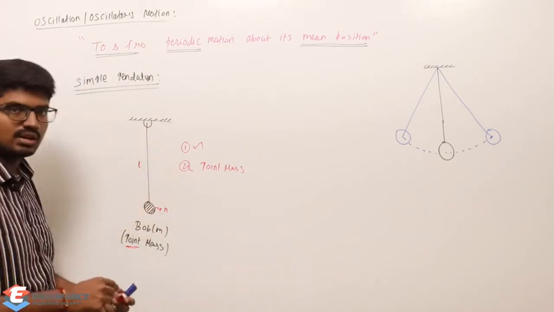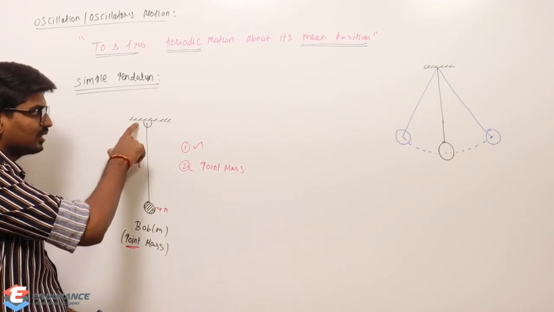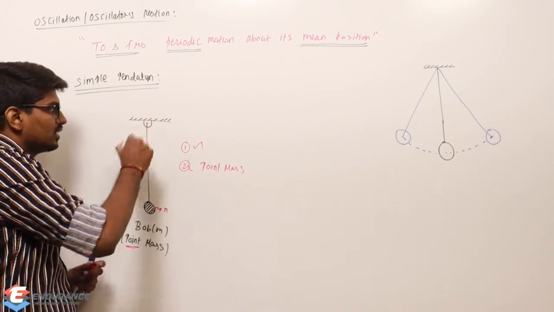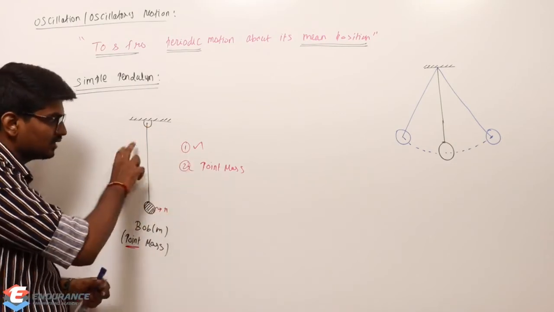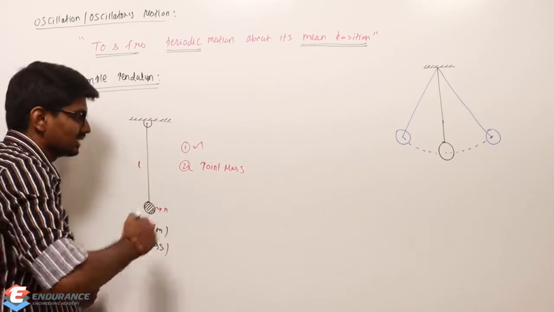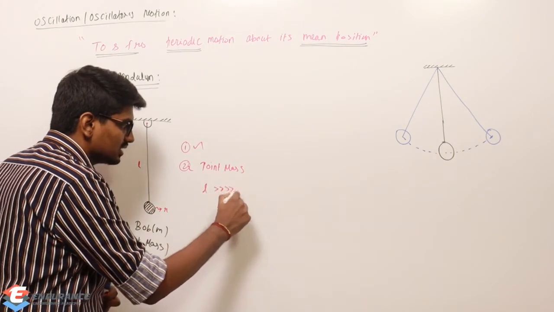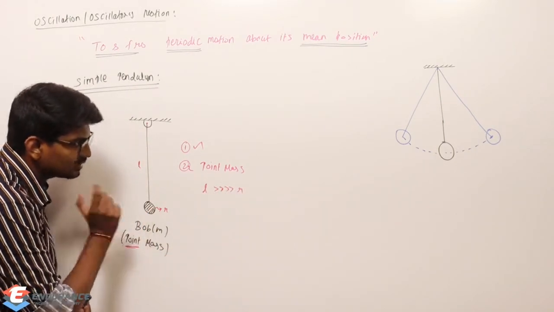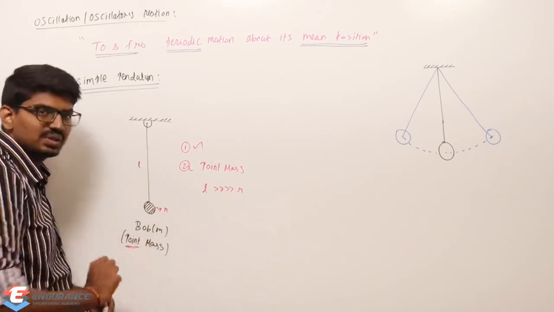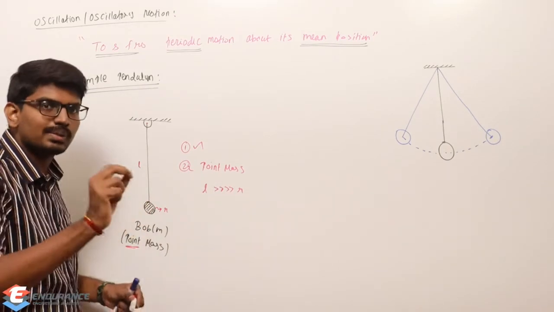What does it mean by a point mass? Listen, this is the hinge point. From the hinge point, if the length of this thread, that is the length of the pendulum, is much higher than R, so that compared to L, R is very small, I can simply take this mass to be a point mass.